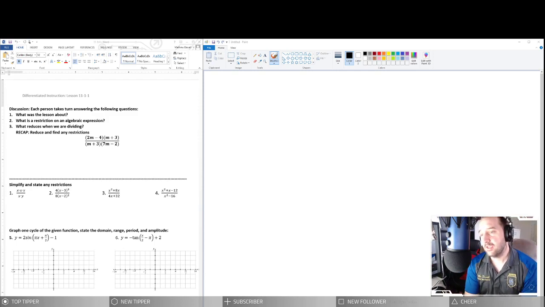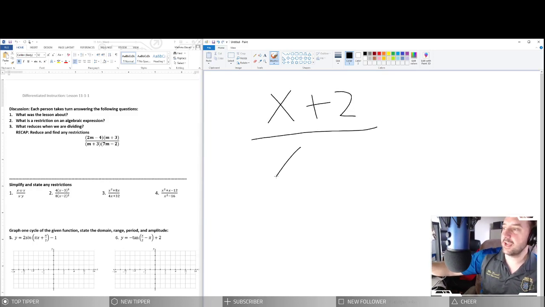But the main piece that I wanted you guys to get from this section is that the only thing that reduces are factors. Factors is multiplication. If you see things that are being added and subtracted, they do not reduce. Only multiplication reduces. Let me give you an example. If I had x plus 2 over x minus 1, these x's do not reduce.